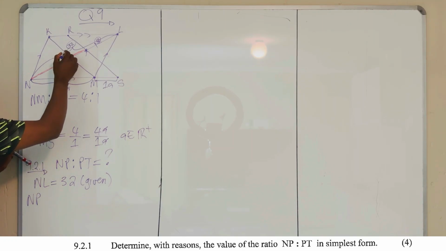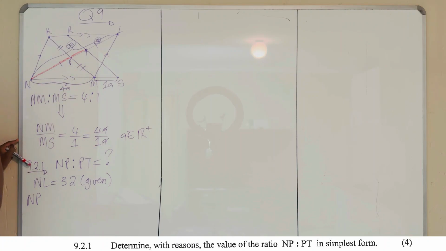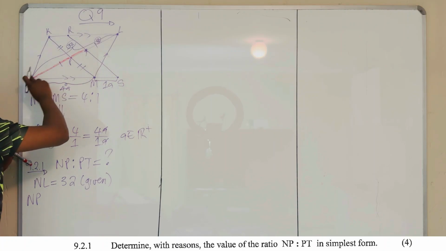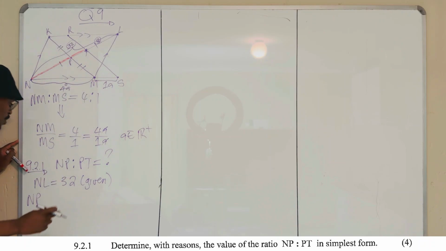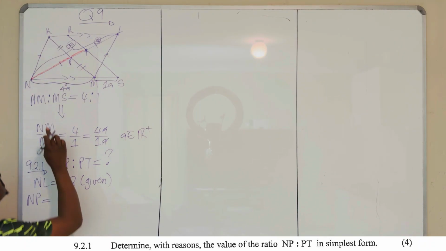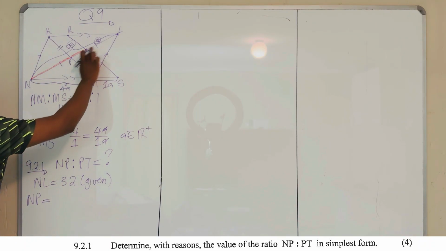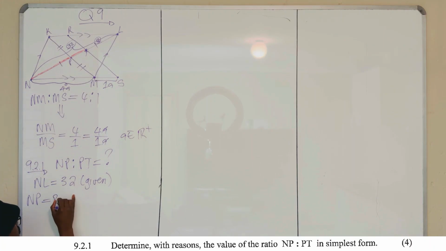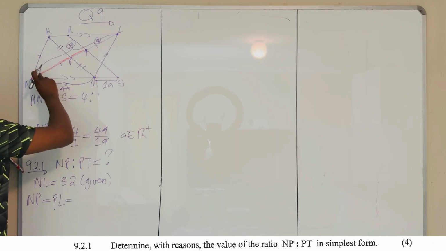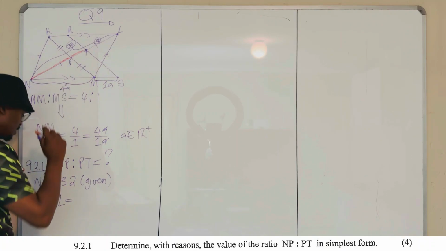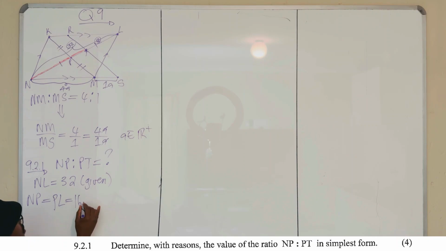So P is the midpoint of diagonal NL, and also the midpoint of diagonal KM. Your NP is equal to PL, and it's halfway through. If this is 32, that would mean this is 16 units and that is 16 units.